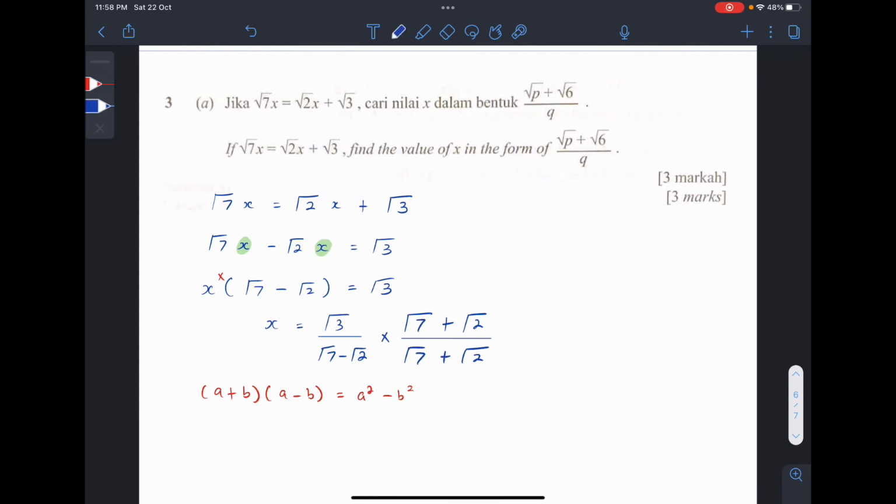Okay, so let's go. Root 3 must times both root 7 and also root 2, guys. So when you multiply them, you're going to get root 21 plus root 6 over, right? So here's where we can use the shortcut right now. Okay, so root 7 and root 7 will just become, well, root 49.